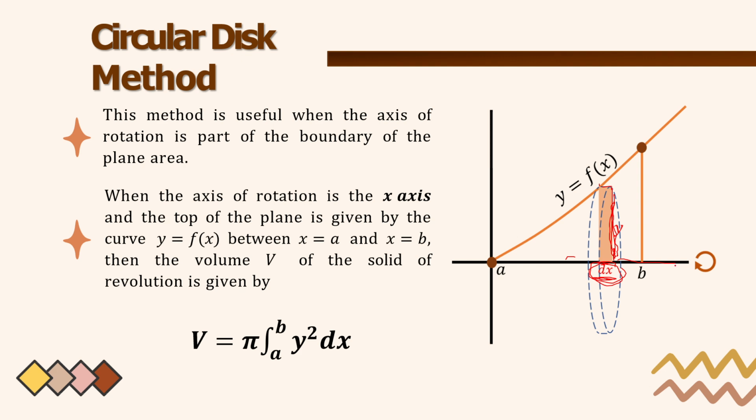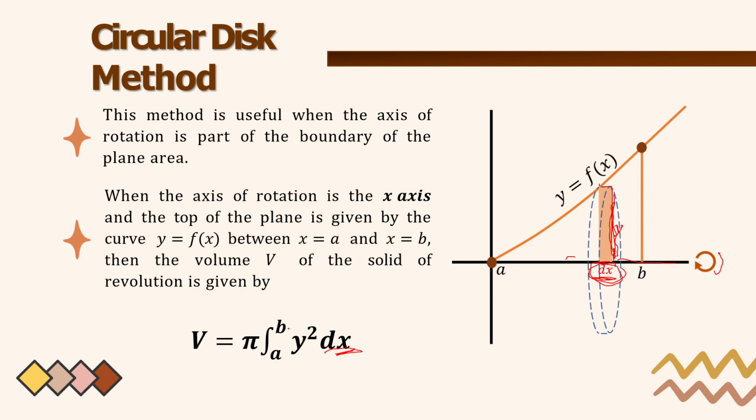Again, if the axis of revolution is the x-axis, our function is in terms of x. So the volume is equal to pi times the integral of y squared dx from a to b.